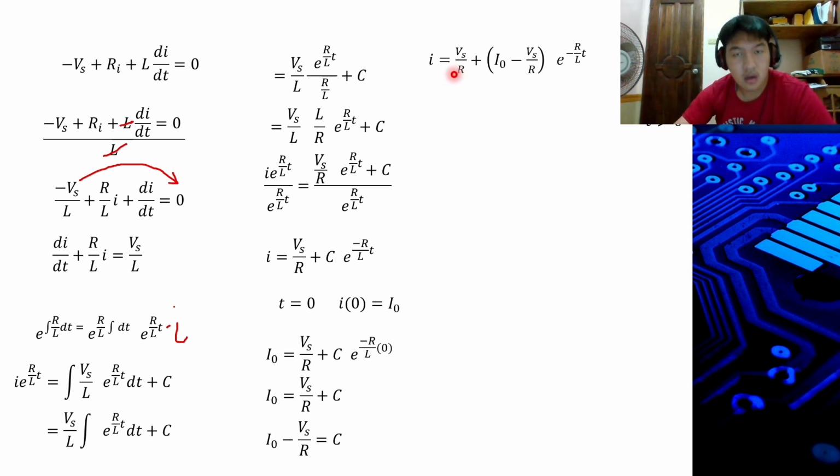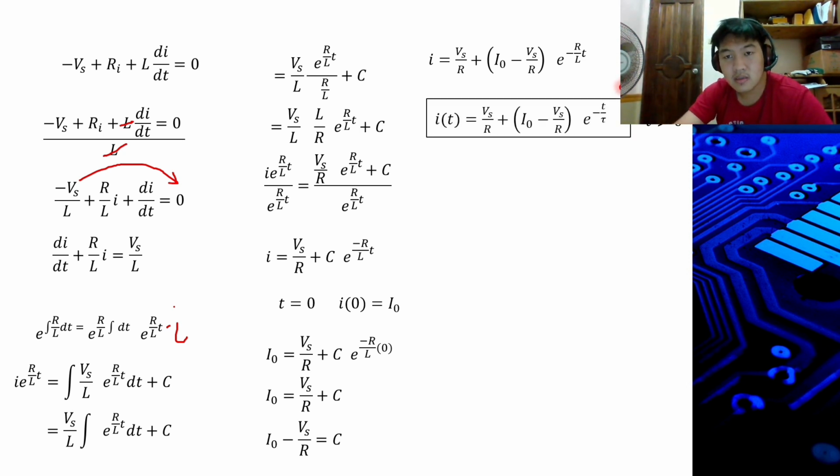So kung i-substitute back, so I is equal to Vs over R plus I naught minus Vs over R times e raised to negative R over Lt. Which is natin condition nga itong constant time sa inductor is L over R. Substitute lang din.